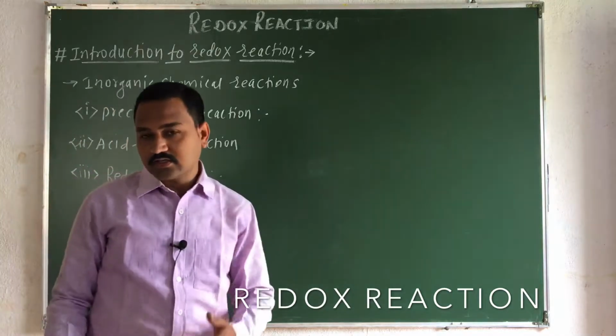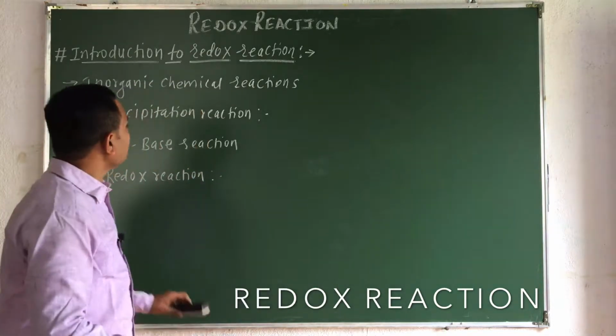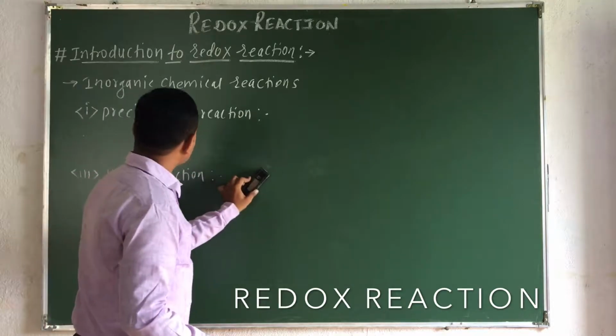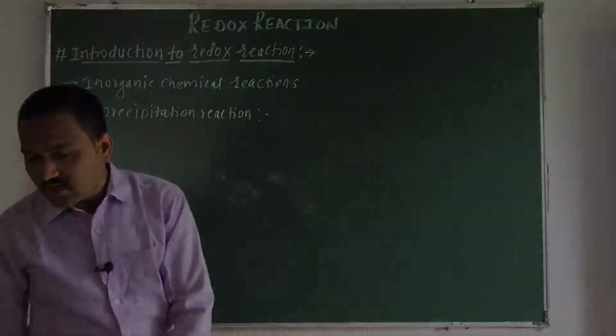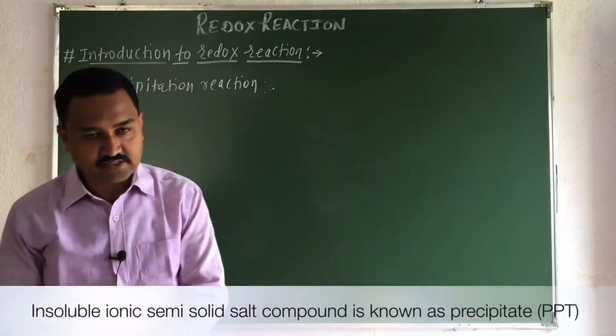But before directly switching to the redox reaction, we must know what exactly the precipitation reaction is and what exactly the acid base neutralization reaction is. Now what is a precipitation reaction?